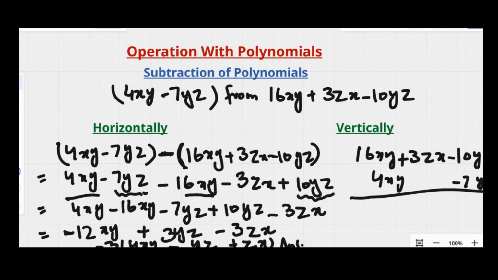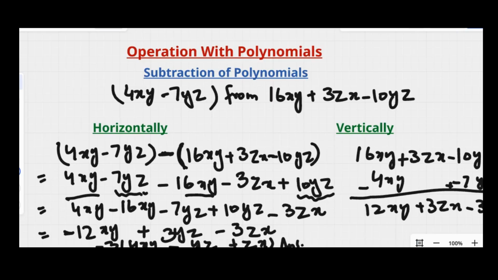We have to subtract, so we are changing the sign of the second values. 16 minus 4 is 12xy, plus 3zx, and the greater value is minus 3yz. This will be the answer.